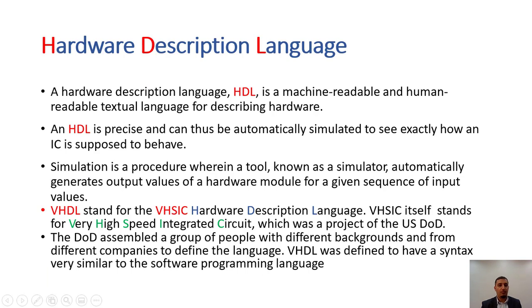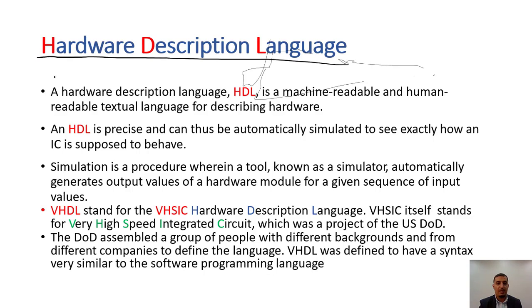Now, what is a hardware description language? A hardware description language is basically a language that is machine readable and human readable. If I give you a code in HDL, then you can read it and the machine can read it easily.